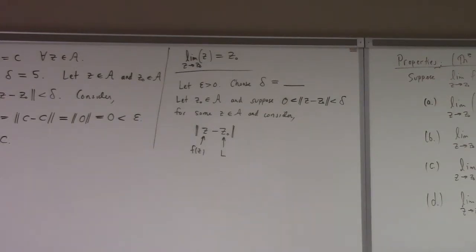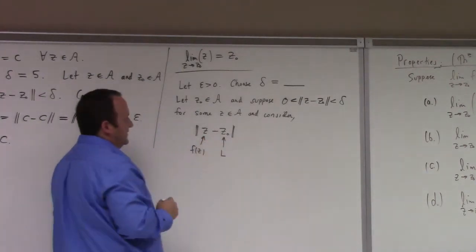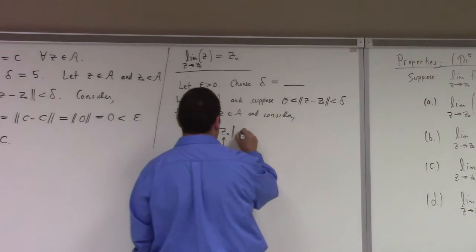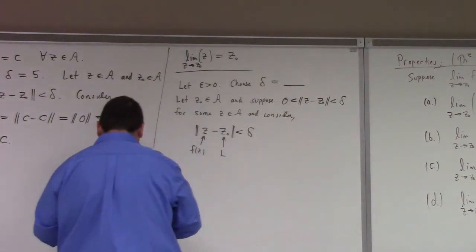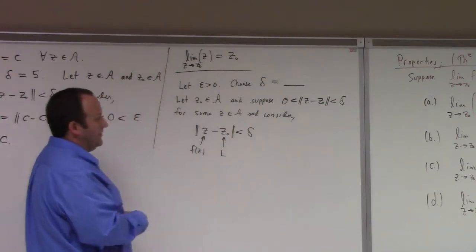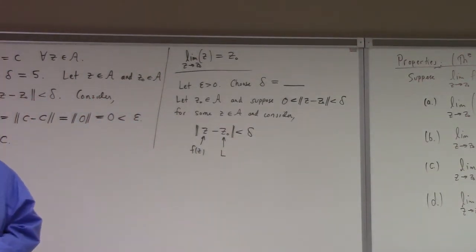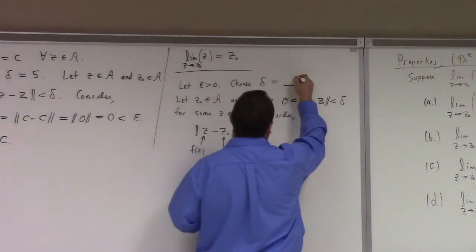That's the role that these things are playing. So you can fill in the blank for me. I want this to be less than epsilon, right? So that's less than delta, which, by the way, is what? In retrospect, what should we have made our delta? You may remember this from Calculus 1. How about epsilon, maybe? Yeah.